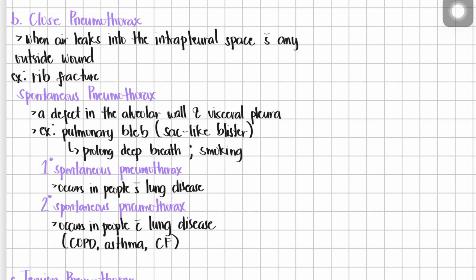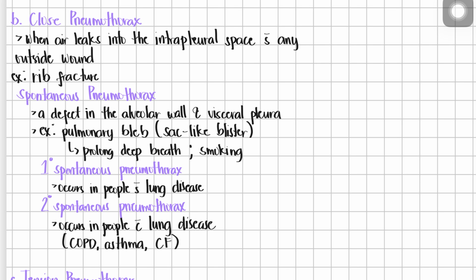Kapag pumutok yan, the air will escape into the pleural space. Bakit tayo magkakaroon ng pulmonary bleb? Kapag during prolonged deep inhalation or prolonged deep breath. For example, nagva-vape ka, sobrang prolong yung breath pag inhale natin, or naninigarilyo tayo, that's that time prolonged yung deep breathing natin.